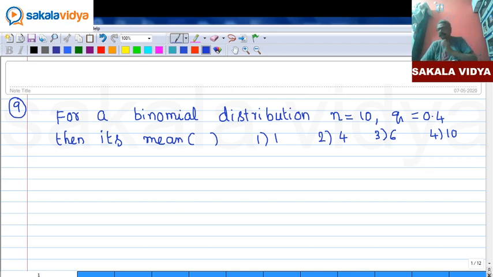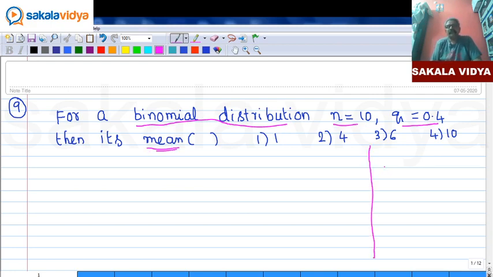Okay, see, for a binomial distribution n is equal to 10, q is equal to 0.4, then mean you need to find out. So, that means actually here we have mean mu equals np, but n is known, but q is given.